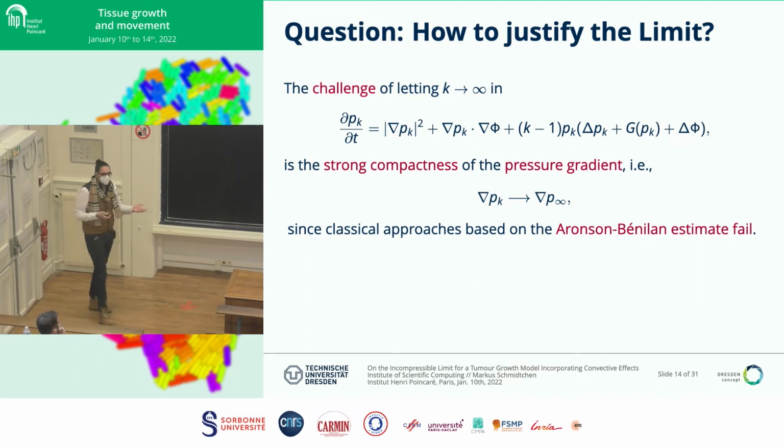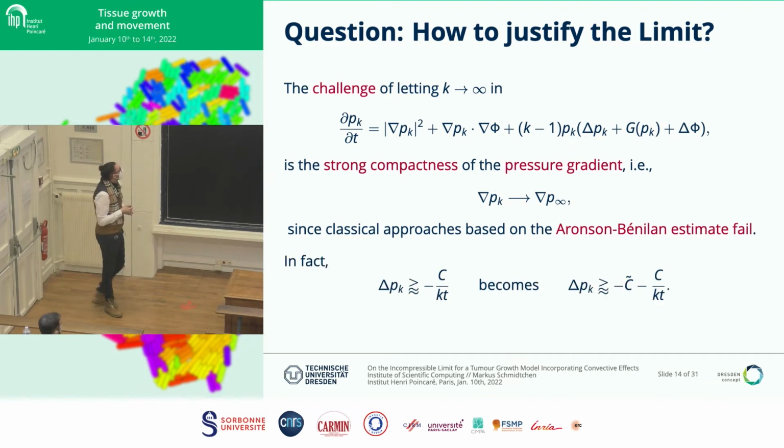The reason is that, in a sense, the Aronson-Bénilan estimate, this classical parabolic result, fails, in a way that essentially the Laplacian of the pressure can only be bounded by a constant minus something that vanishes at 0. So it's essentially the problem that arises in this context.